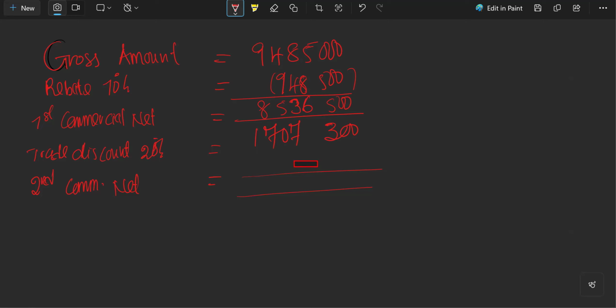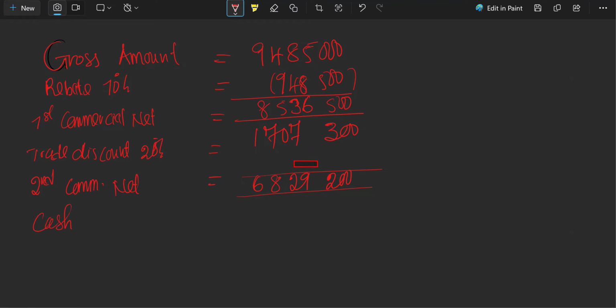It should be able to give us a second commission of 6 million 829,200 francs.